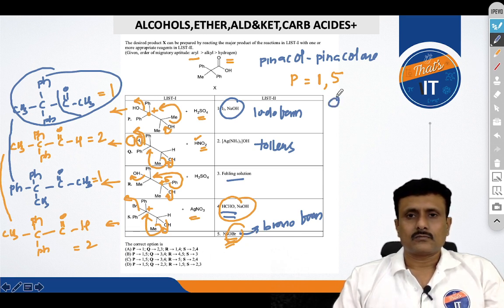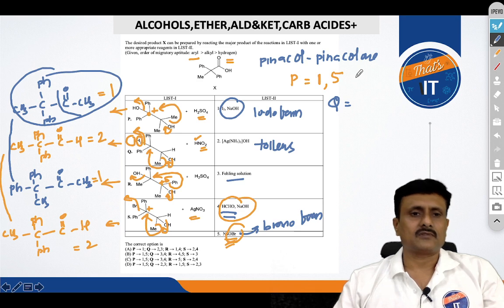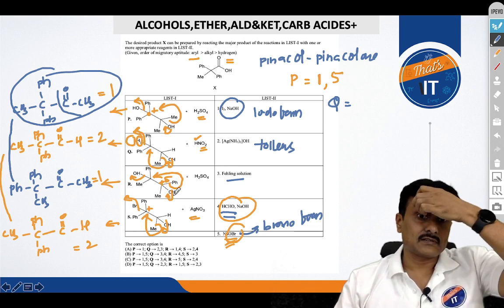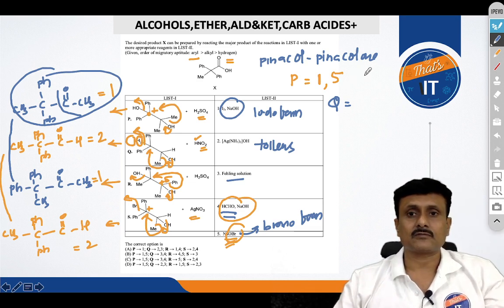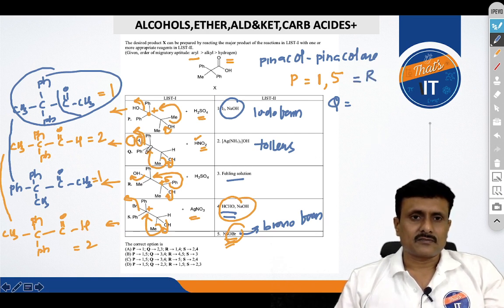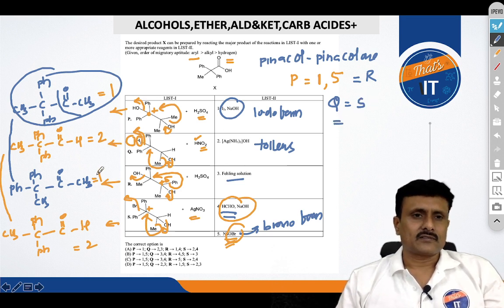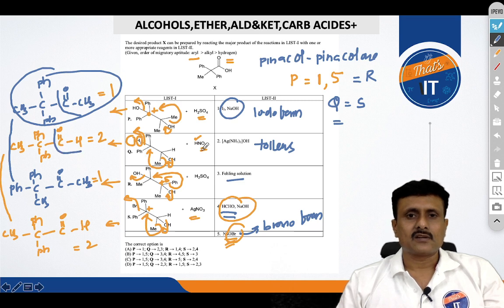Let's see Q. P is 1 comma 5, which means R is also, isn't it? The product over here is also. So P and R should be matching with each other, and you can see the product of Q should be matching with S. When you take the product of Q, it has an aldehyde group which will react with Tollens as well as Fehling.